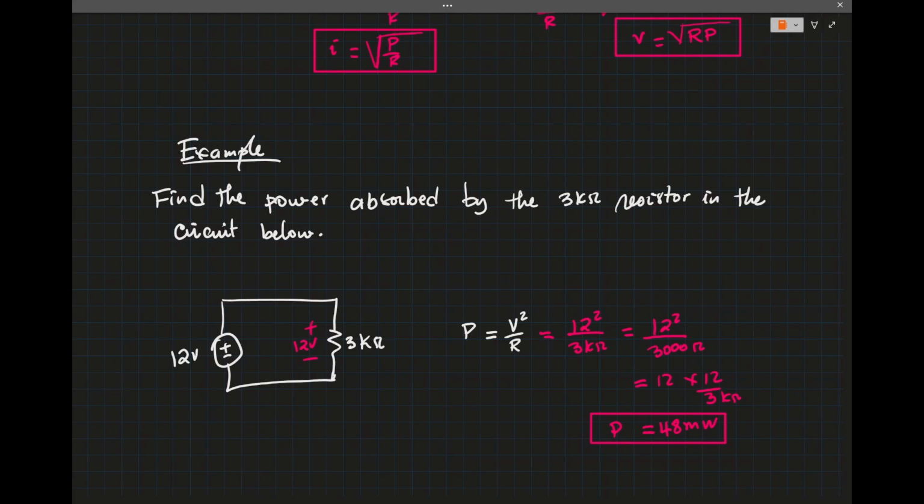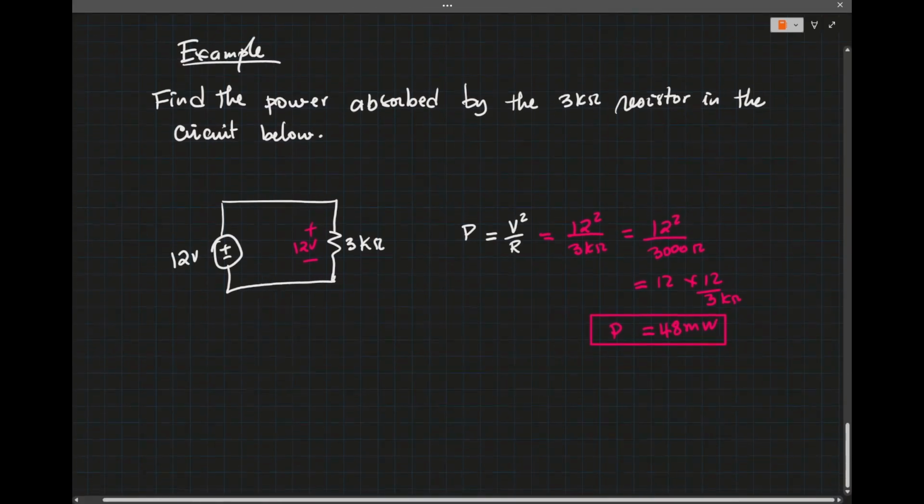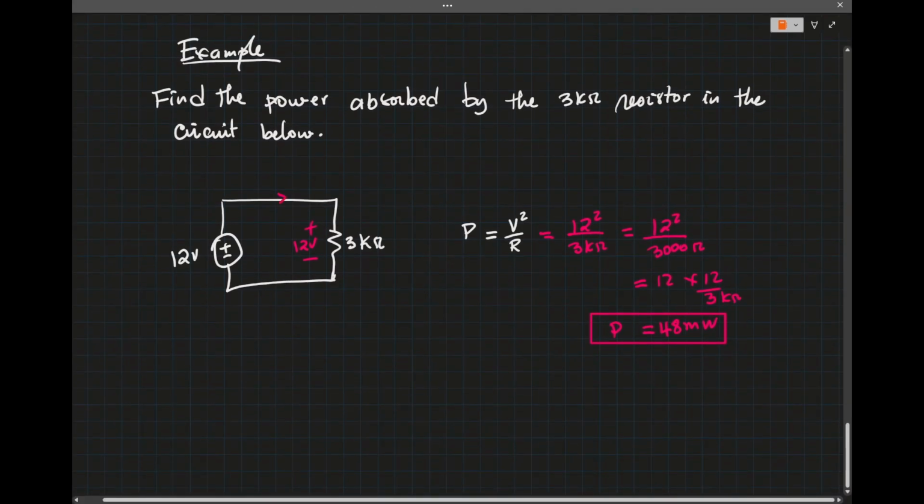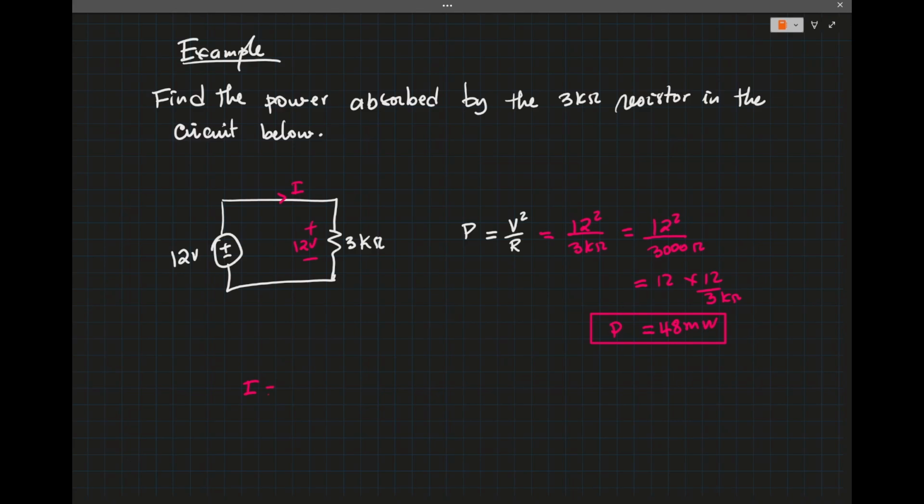Because we know the voltage and we know the value of the resistor, we don't need to calculate the current. But if we did, we can find the current I, which is V over R, 12 volts divided by 3k, which is 4 milliamps. Then P is IV, and with the passive sign convention, the current is flowing from plus to minus.